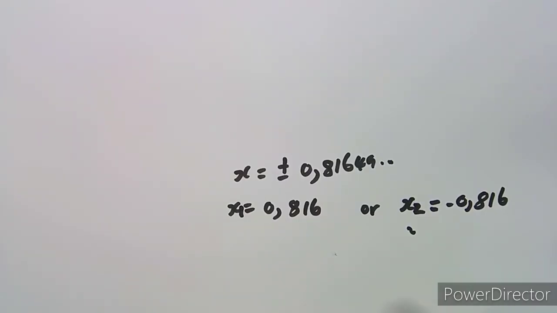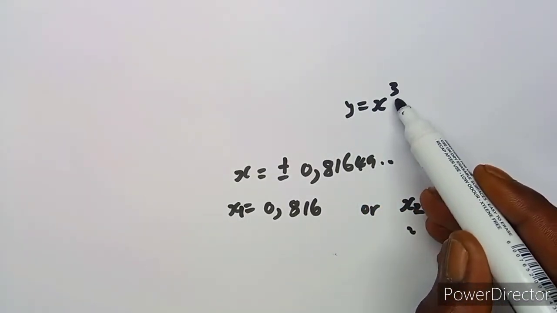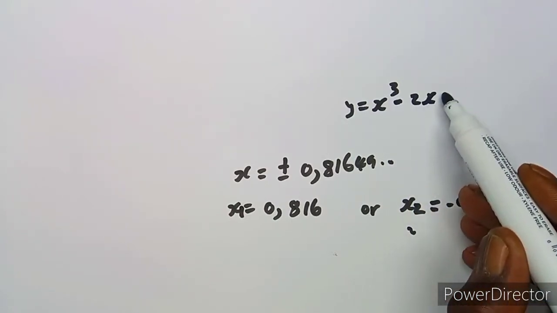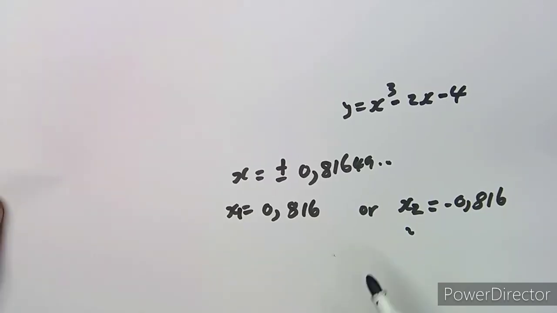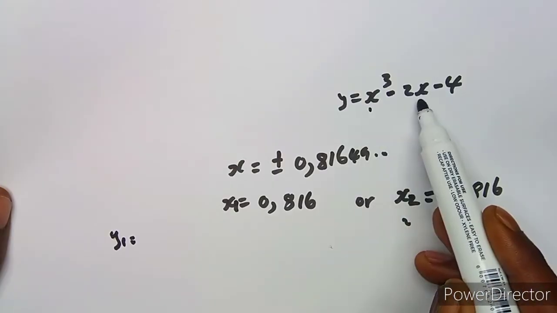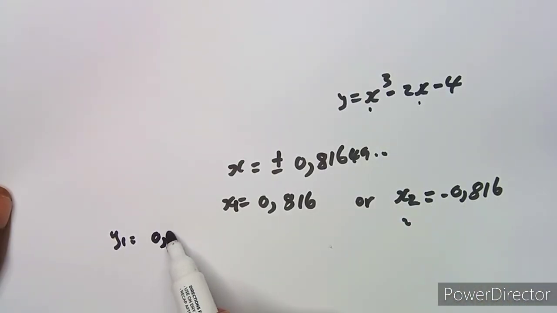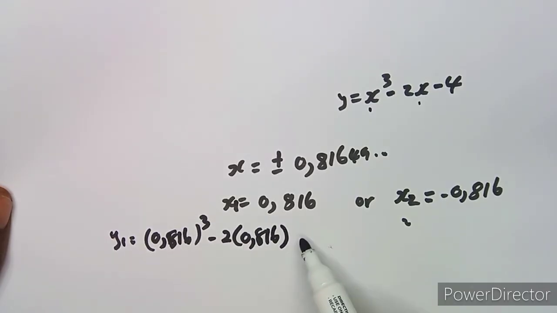Which means we now have to find the corresponding value of y from the given function, y is equal to x cubed minus 2x minus 4. So we substitute the values of x that we obtained so that we can find the values of y to make it a point. Remember, this is a point, guys. So y1 is going to be 0.816 to the exponent of 3, minus 2 into 0.816, minus 4.